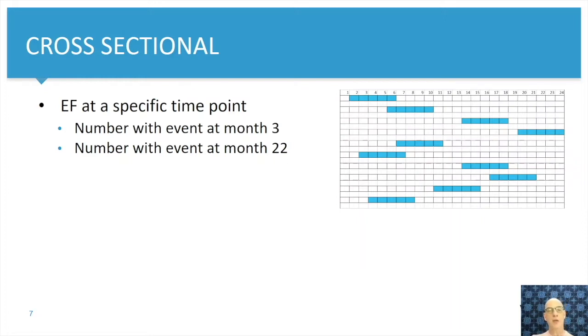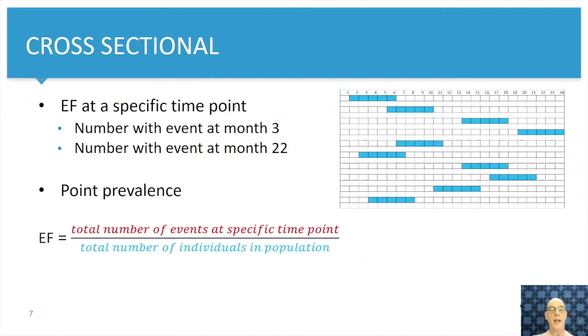And when we have this cross-sectional approach, we actually calculate what we call the point prevalence, which is the total number of events at a specific time point in the population that was available at that time point.